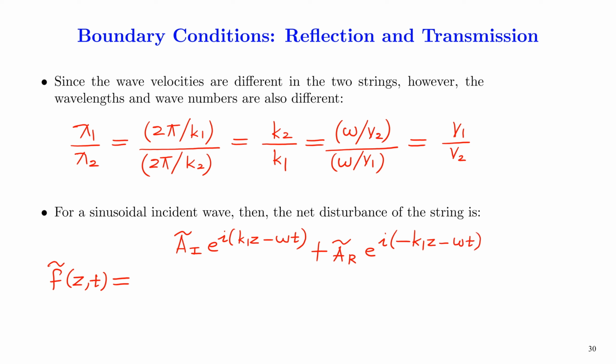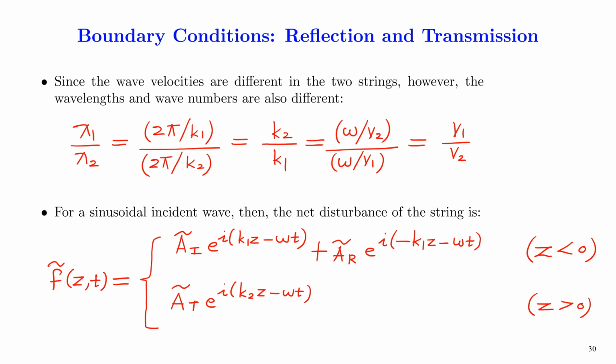So this is a case when z less than 0, and for z greater than 0 we can write At e raised to i(k2 z minus omega t). We'll represent this as equation number 15.